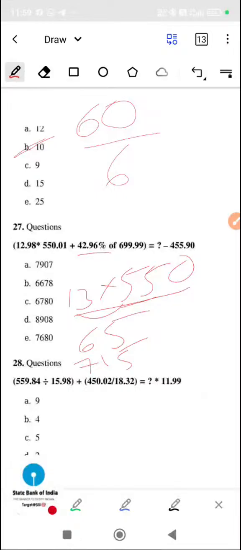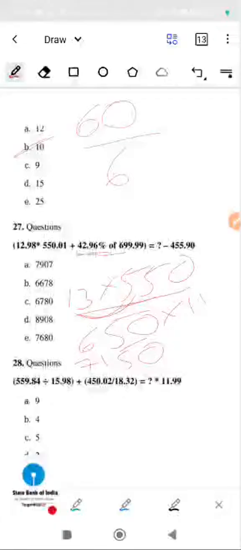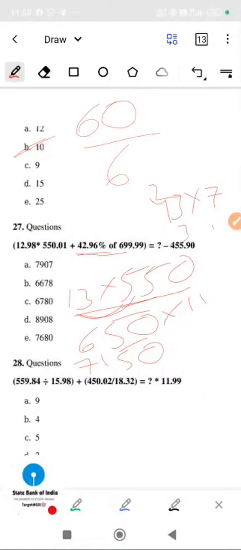here we get totally 13 into 5 times, which will be 65, and a 0, and into 11 times, which will be 7150. Here we get 43 into 7 times, which will be 301.